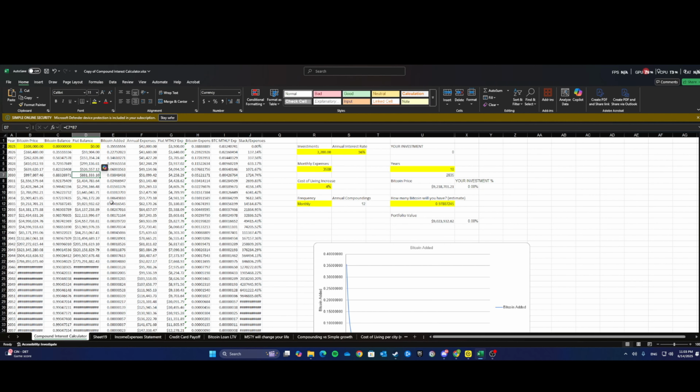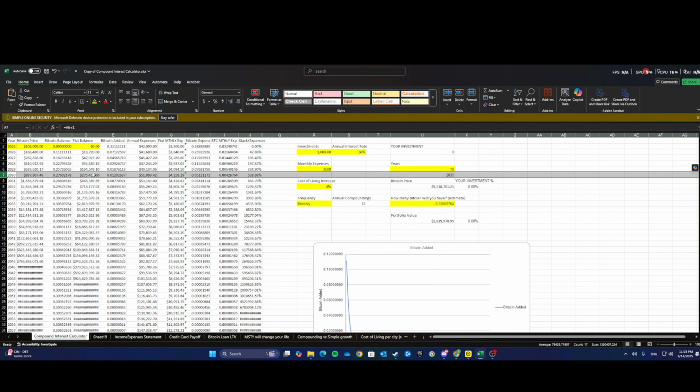You don't have to put $3,200 a month in. You could do $1,000 a month, like we saw earlier, and if you never touch it, you could literally be at $275,000 by 2030. If you're 18 or 20, and it's 2025 now, in 2030 you'll be 23 and 25.